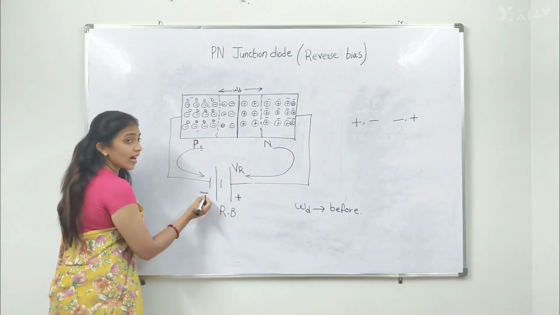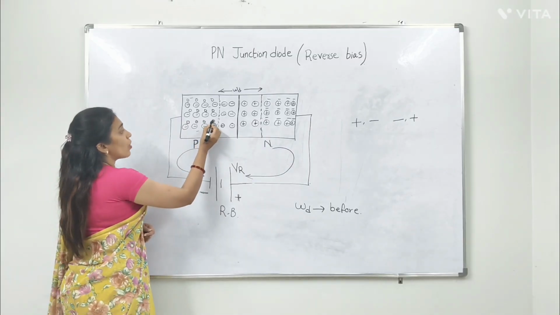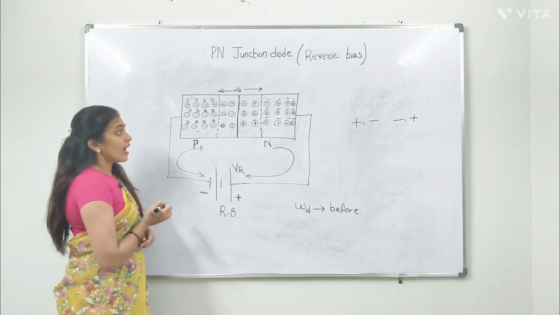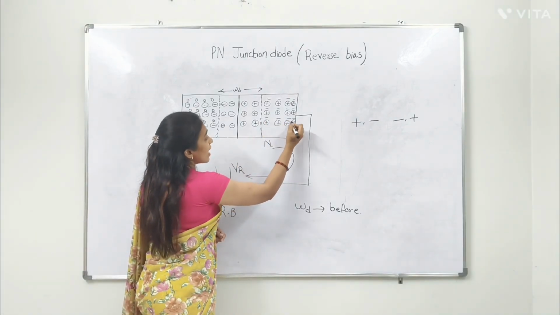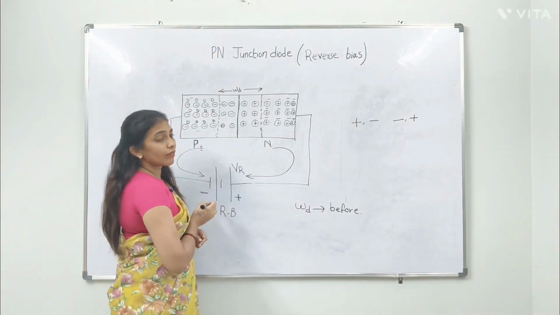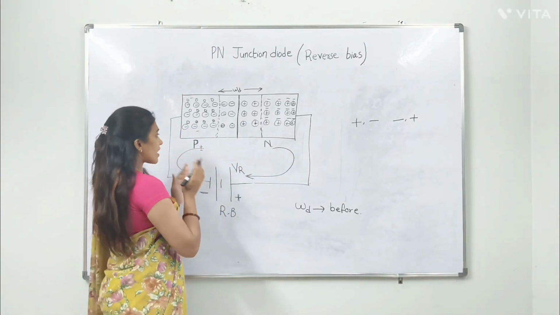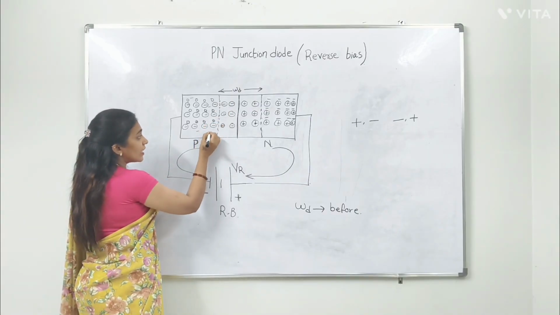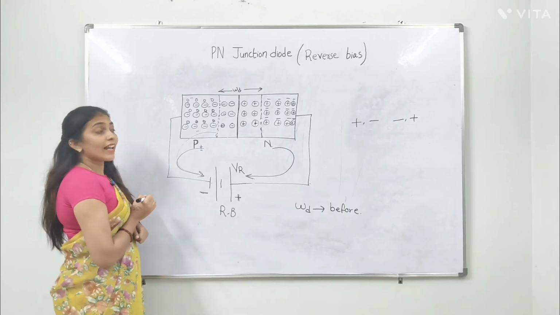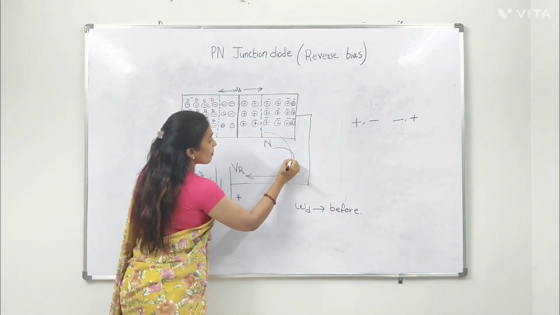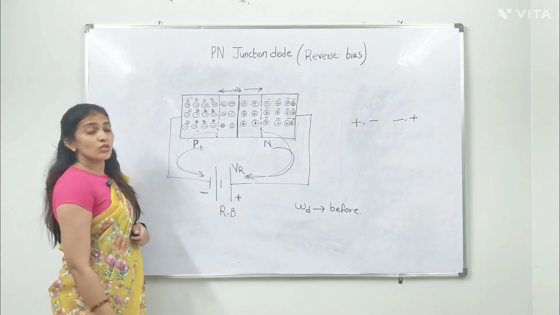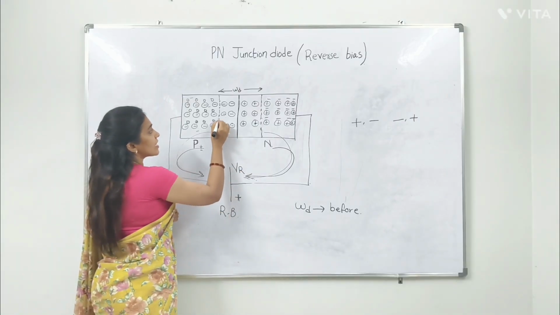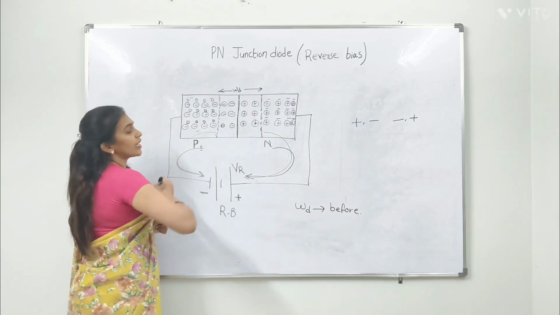So all the positive charge of holes are attracted by the negative terminal of the battery, and all the electrons are attracted by the positive terminal of the battery. In this condition, holes are moving away from the depletion layer, and electrons are also moving away from the depletion layer. Before biasing, the depletion width is indicated with WD, right?